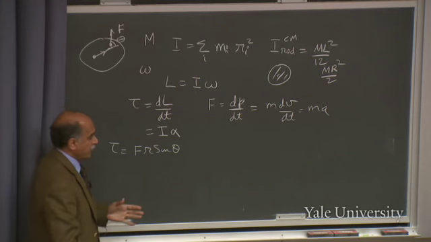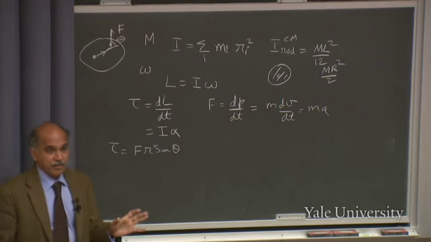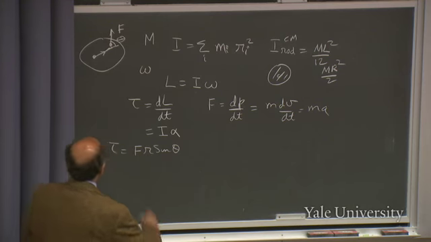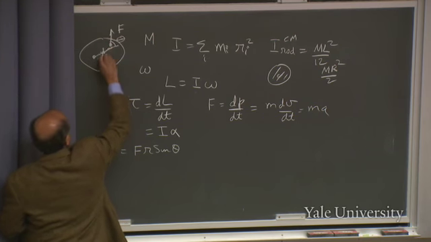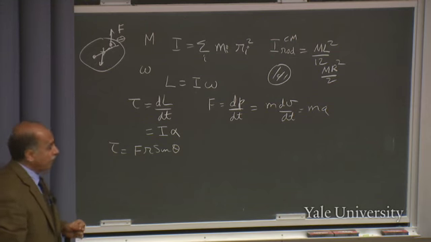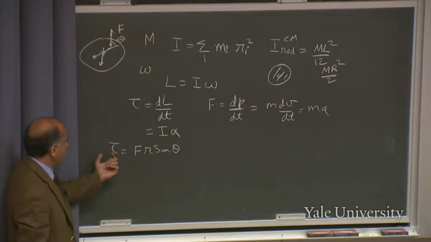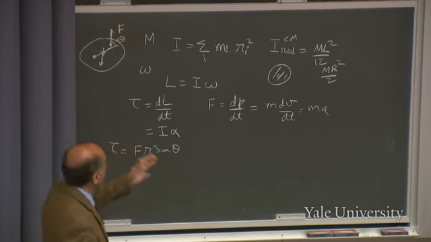If you got many forces and many torques, you got to add all the torques. That's one thing to be careful about. For example, you can have a body where one force is trying to do that, and here maybe a second force acting that way, trying to do the opposite. So we keep track of the torque by saying either it's clockwise or counterclockwise. Each force you can tell intuitively by looking at it.